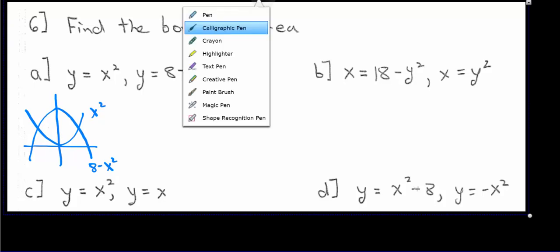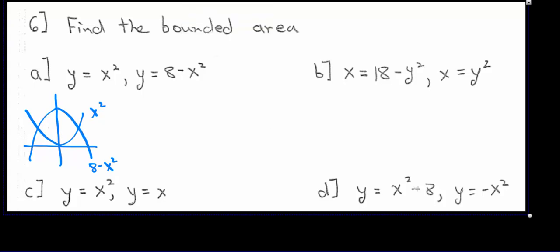And it looks like what I want is all of this area right in here. Now, I need to find what this point is and what this point is. I need to find the intersections so I'll know my bounds of integration.